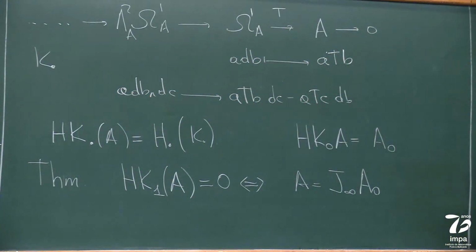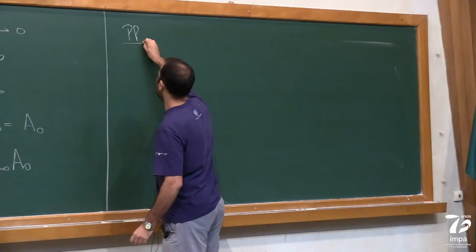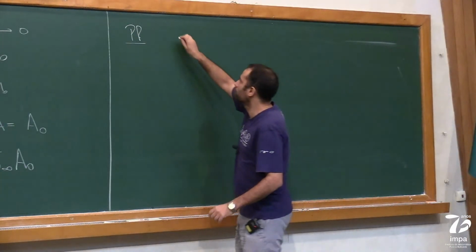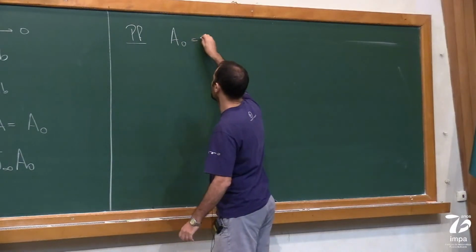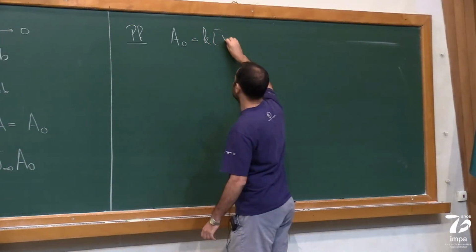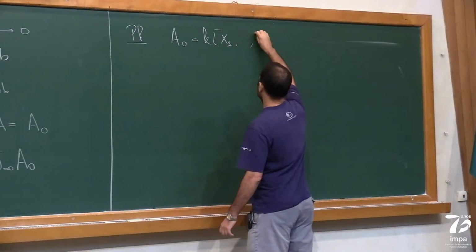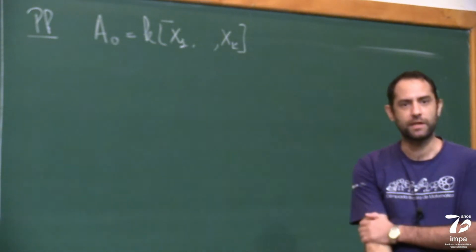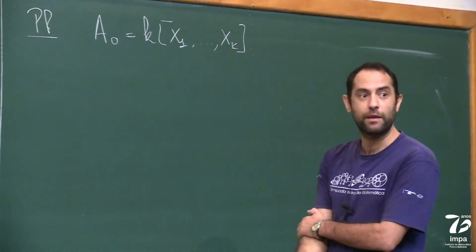Proof. We'll start with the case where A0 is a polynomial algebra. So it has to be a finite type algebra, so I'm going to take an affine space of finite dimension.